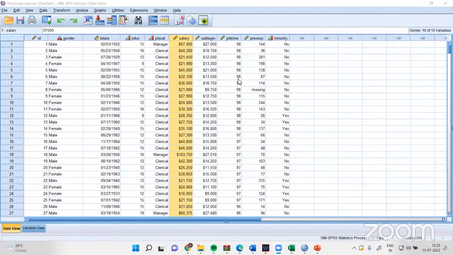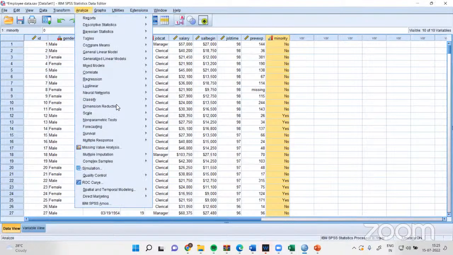Previous experience, salary begin, how much time I have with the company, my previous experience, and what my education is. Minority is a categorical variable, but still I will include it here just for understanding purposes. We cannot do it right now, but for understanding, I am including it.